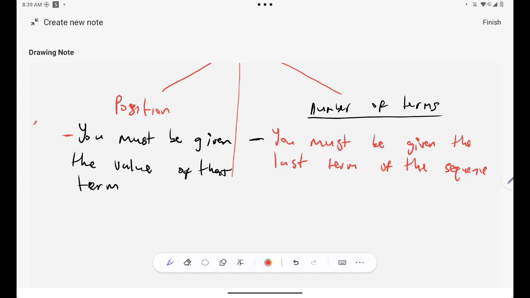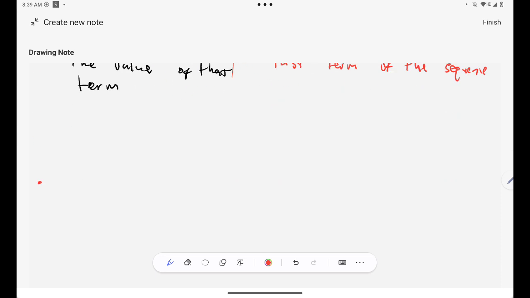So in this example, I want us to focus on a simple example whereby we have a geometric number pattern. Let's say we have a sequence like this. We have 2, 4, 8.